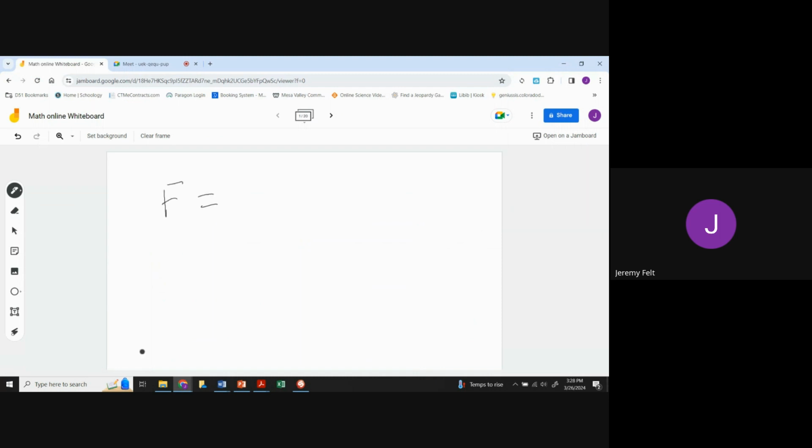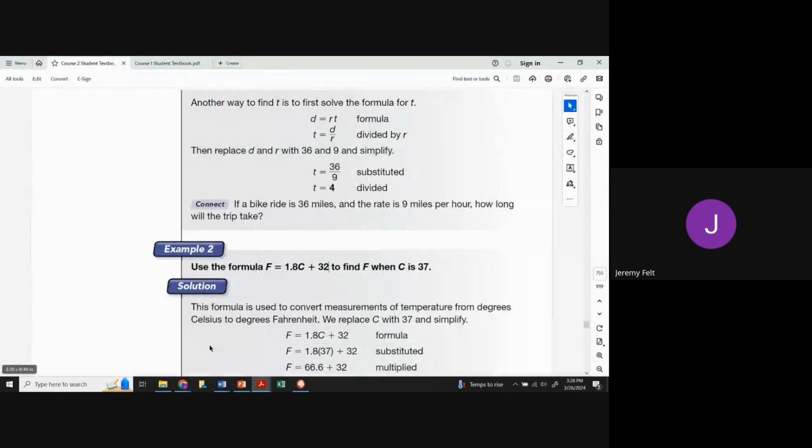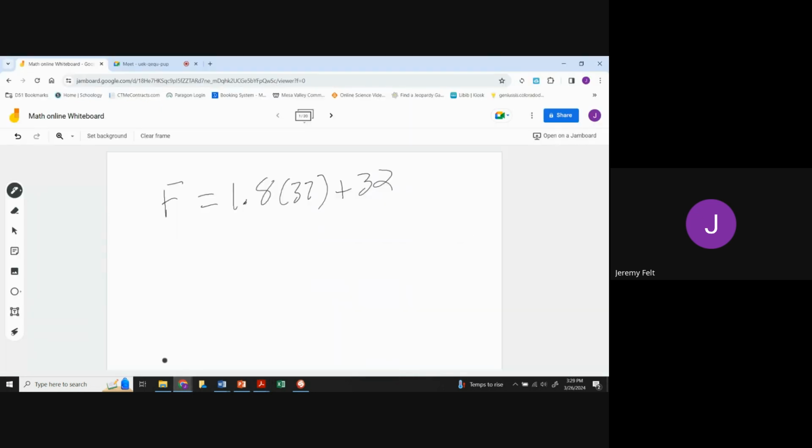Fahrenheit equals 1.8 times C, which we're going to put in 37, plus 32. So we plug in that, and this is where when we put in 0 for Celsius, 1.8 times 0 is 0 plus 32.